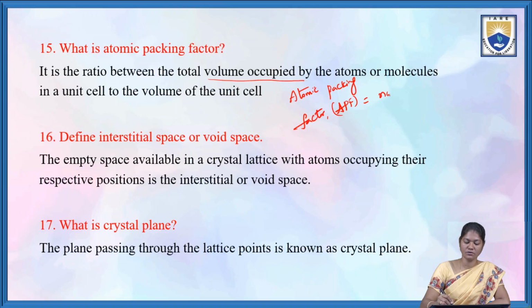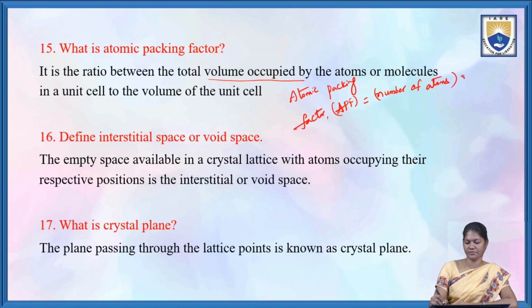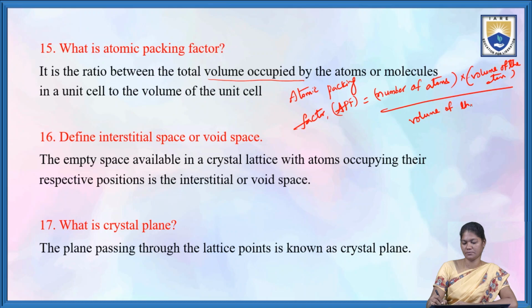It is equal to the total volume occupied by the atoms, that is number of atoms times volume of the atom, divided by the volume of the unit cell.